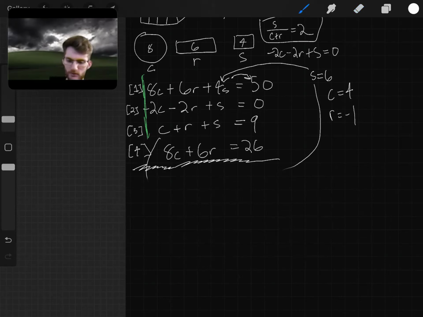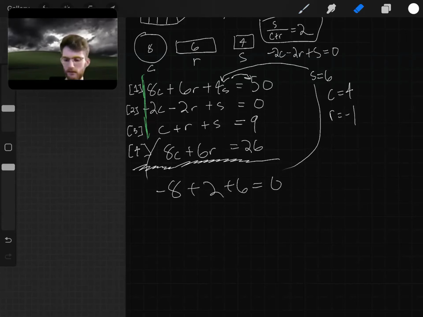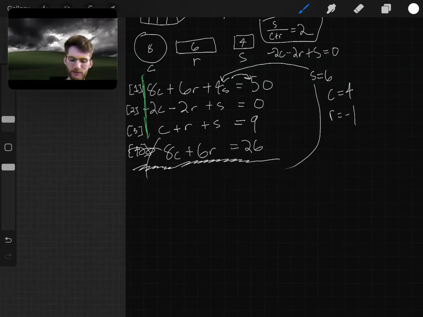For equation 2, -2c, so that's -8 plus 2 plus 6 equals 0. That is correct. In equation 3, remember equation 4 we kind of just made up later. It's a combination of equations 1 and 3, so we can ignore that.